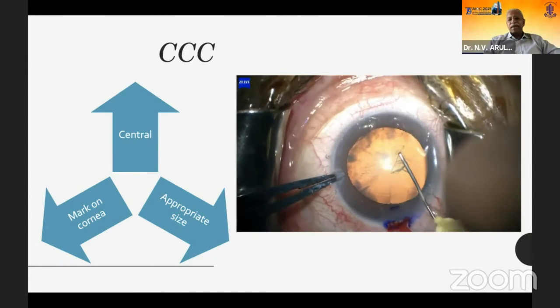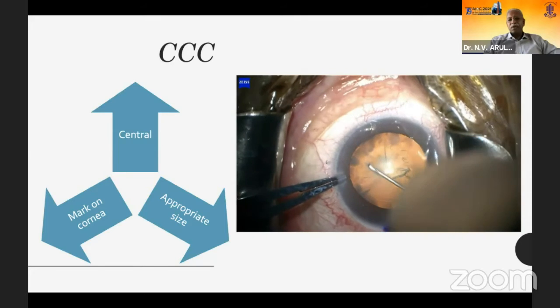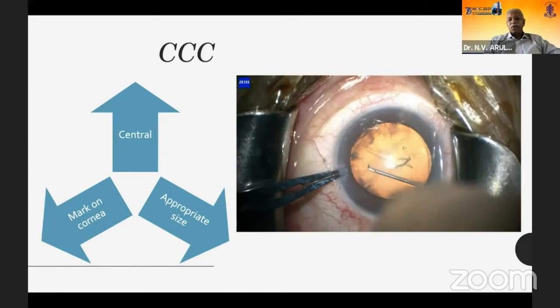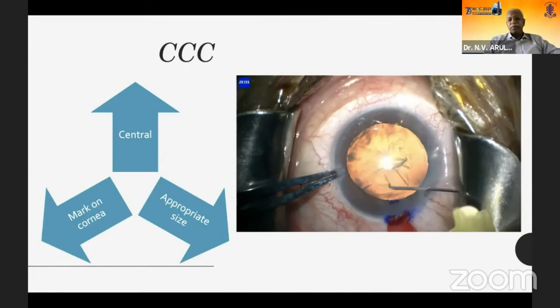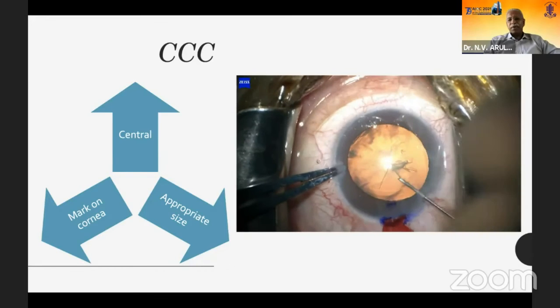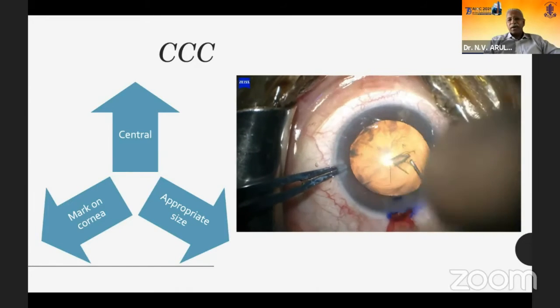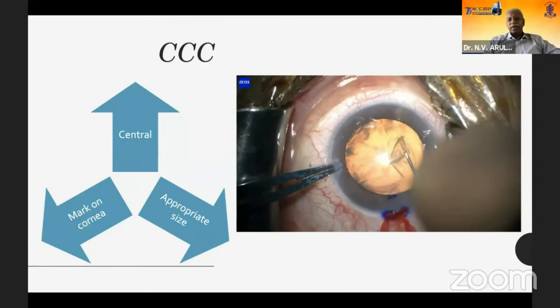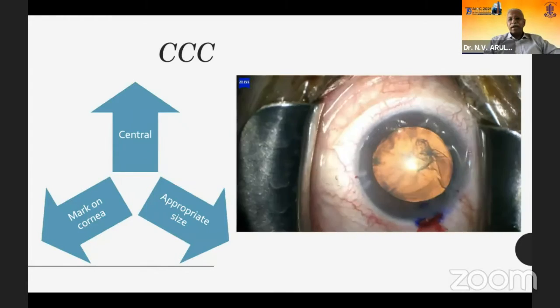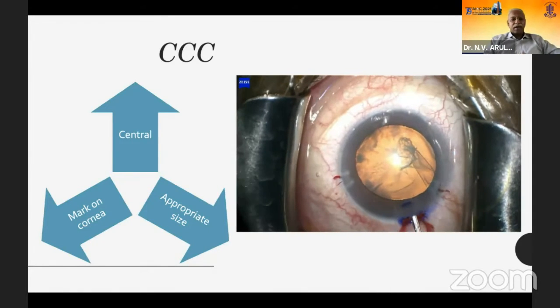Believe me, this particular step is very useful because you don't want the lens to rotate either in the immediate post-op or the late post-op period. For the lens not to rotate, the rhexis should be properly sized. The overlap of the rhexis over the lens should be perfect. So doing this one step is worthwhile.